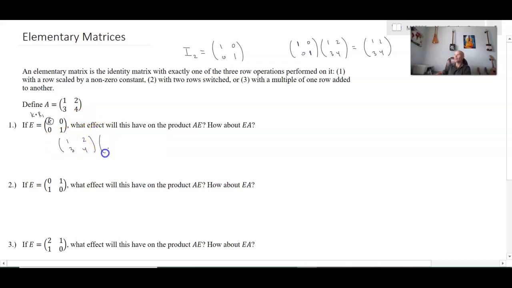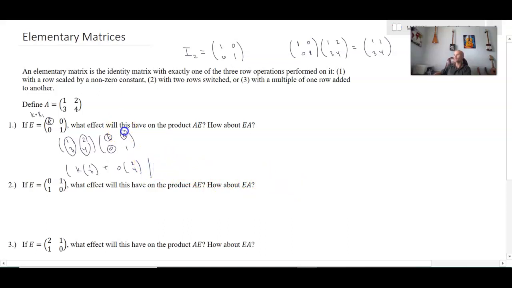So if I take A times E, what we know about matrix multiplication is that k will scale the first column, 0 will scale the second, and we'll get the sum of those: k times 1, 3, plus 0 times 2, 4, giving us the product, that's just the first column.